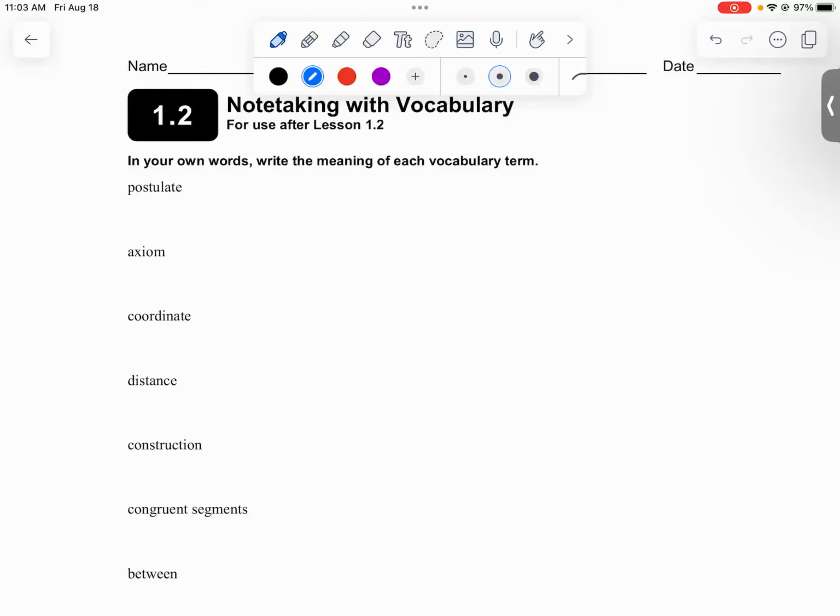Yay, math. Okay, so these two terms right here, a postulate and an axiom, they both mean pretty much the same thing. These are considered a rule that we accept without proof.